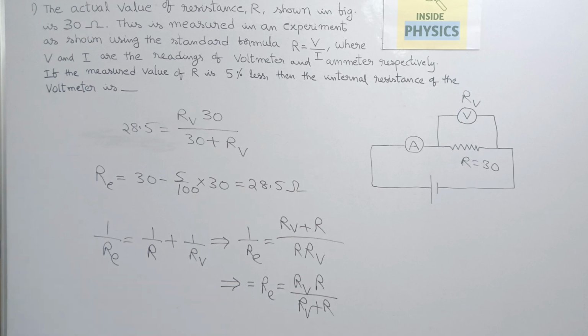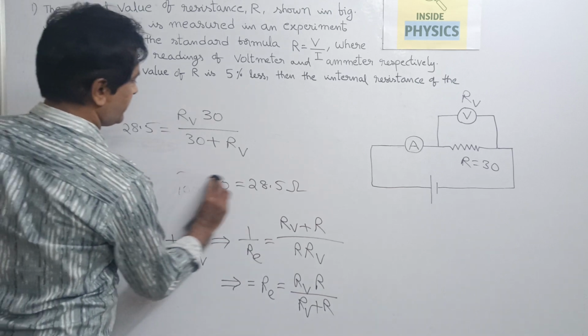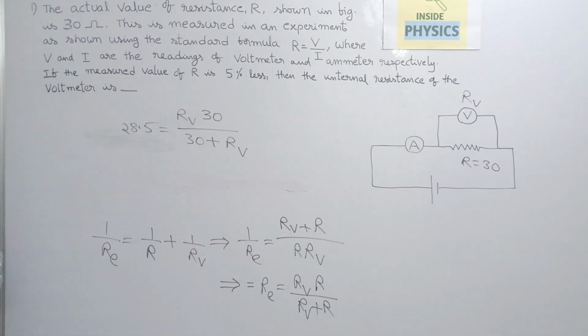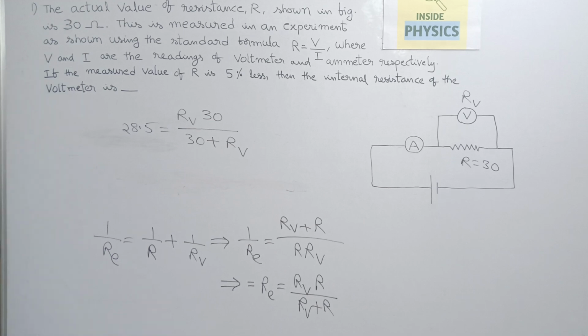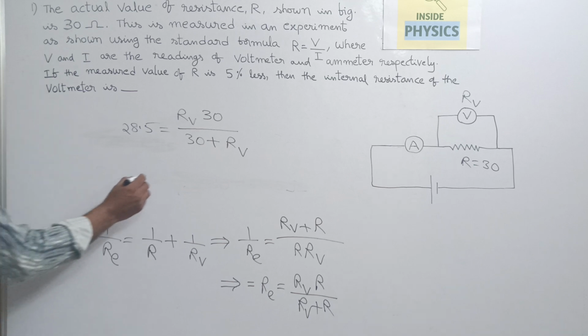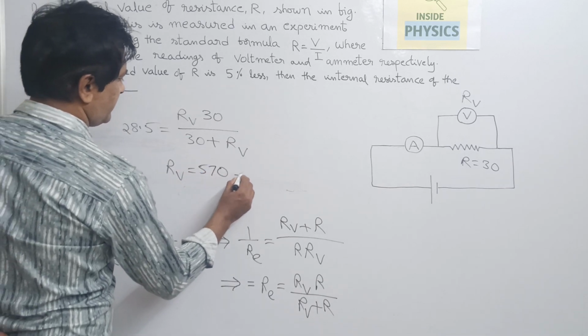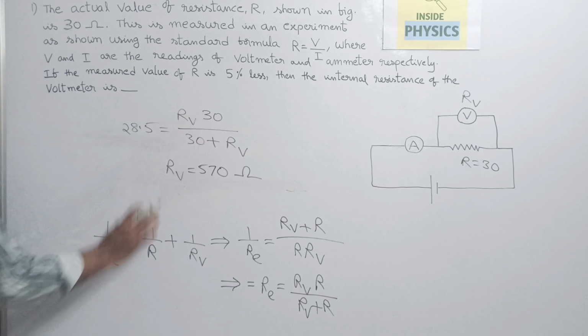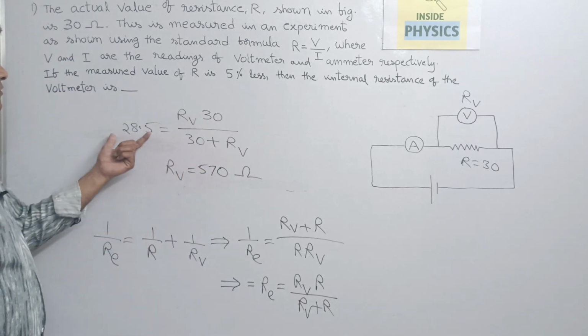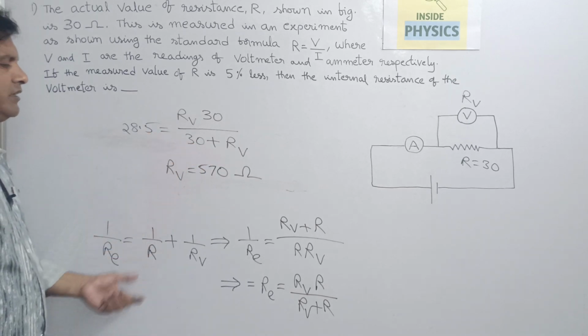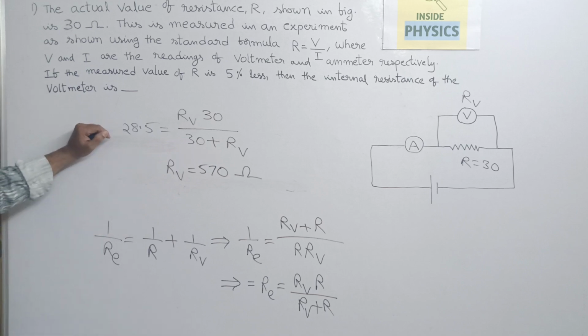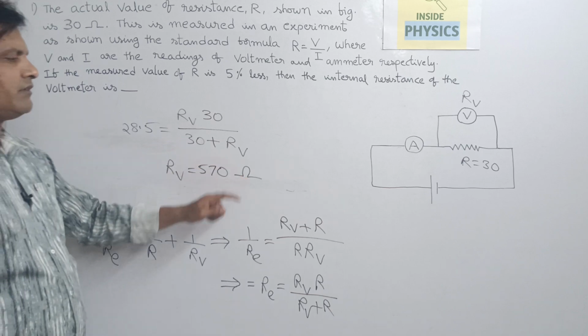That is a simple mathematical solution which we can do easily. So the final value after calculating, we will get RV is equal to 570 ohms. You can simplify this by taking these values to the left side, and the equation needs to be simplified mathematically. The final value will be RV is equal to 570 ohms.